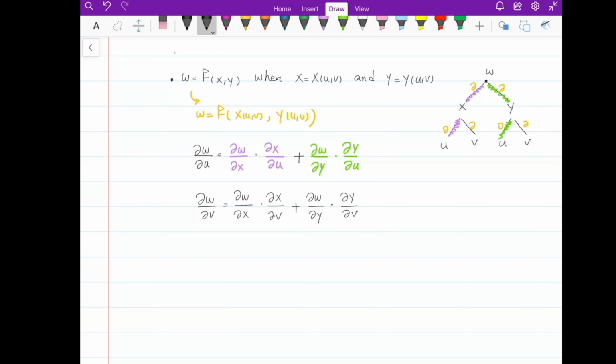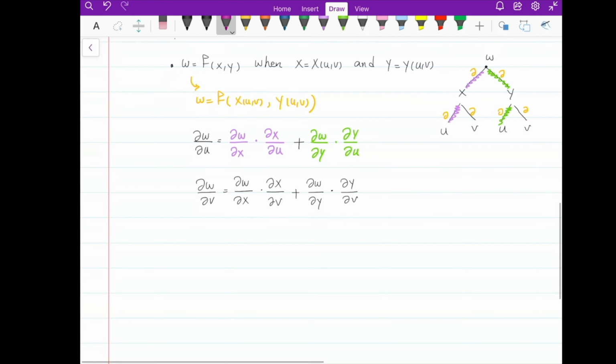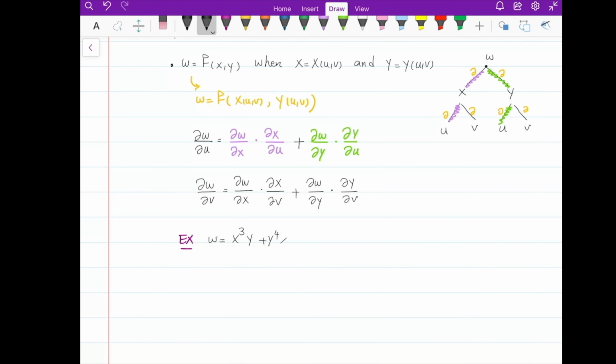Okay, let's look at one example to see how it works. Example: let w be x cubed y plus y to the fourth x, where x is u squared plus v squared and y is equal to 2uv.